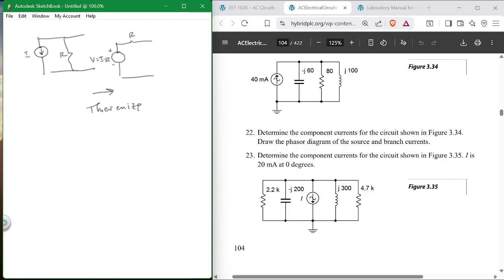The other way, which is probably the best way, is to find, for this circuit, 2.2K, minus J200, J300, and 4.7K.